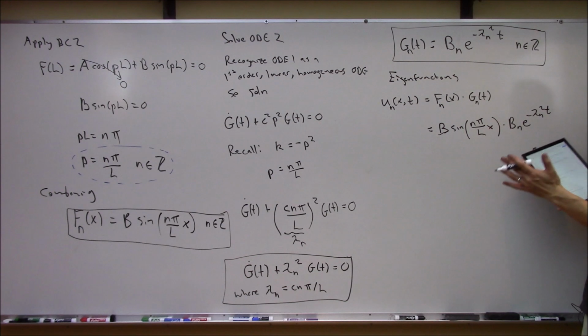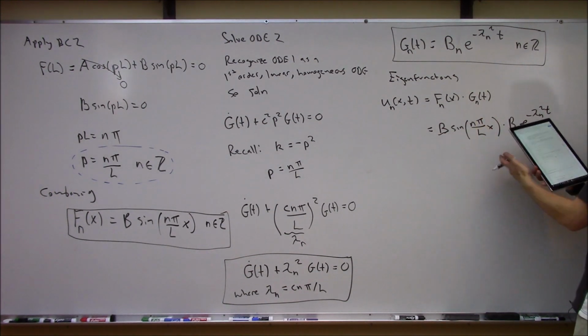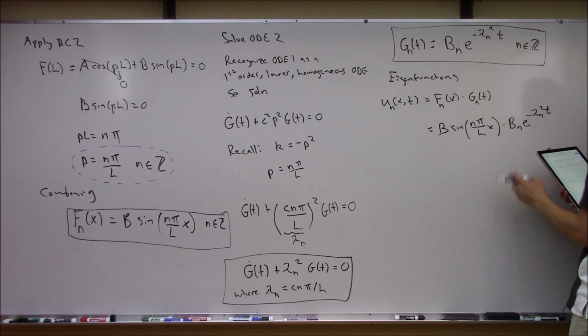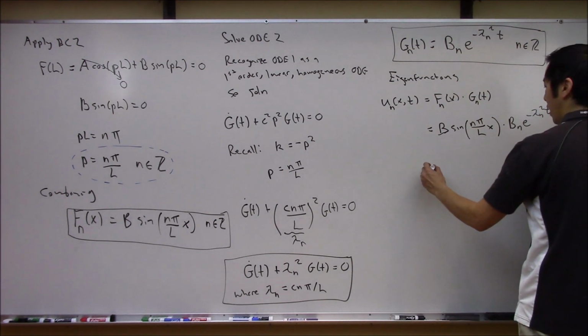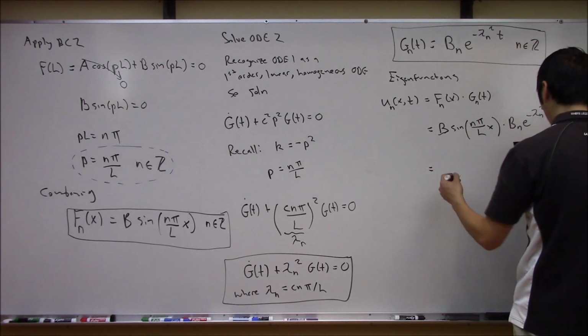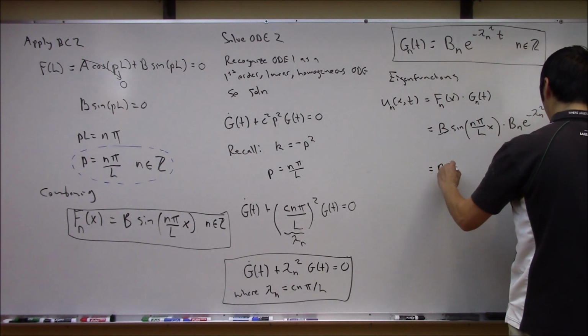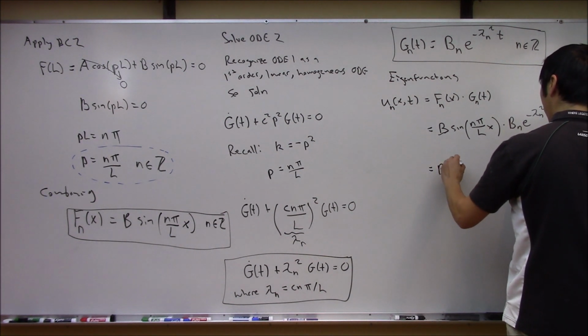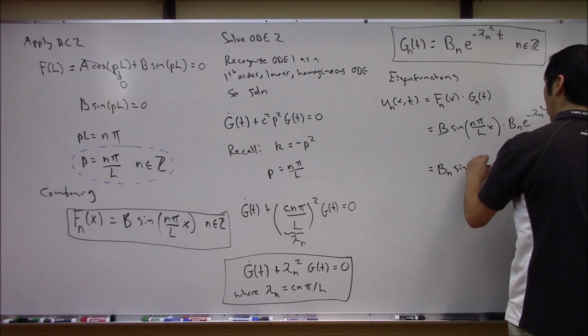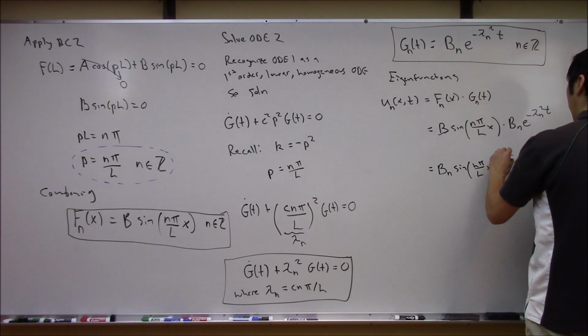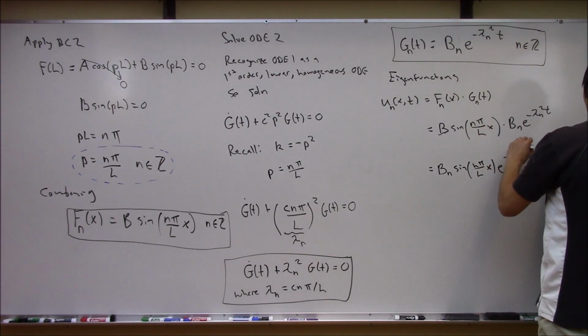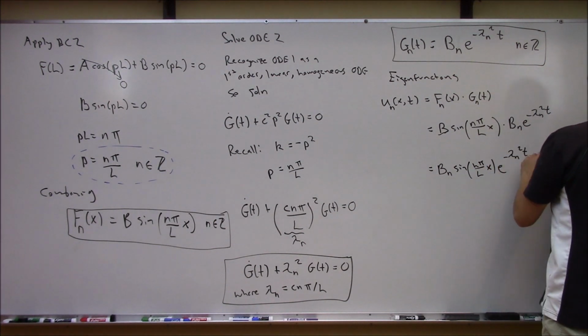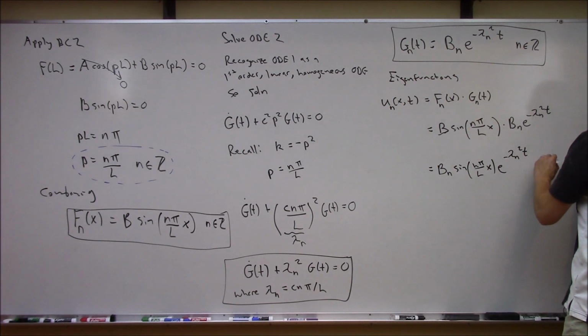There's no need to carry around two arbitrary constants when I can just combine them. It's a product of two constants, which just gives you another constant. Let's call it bn. So what we end up with is bn times sine of n pi over L x times e to the minus lambda n squared t, with n taking integer values.